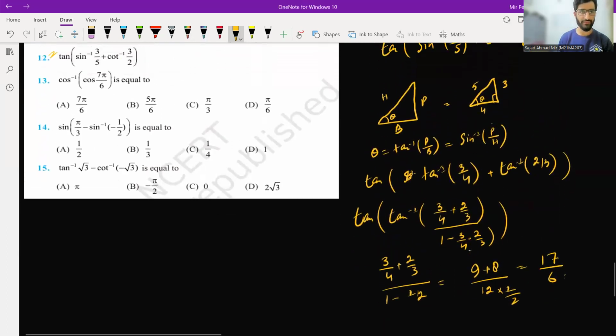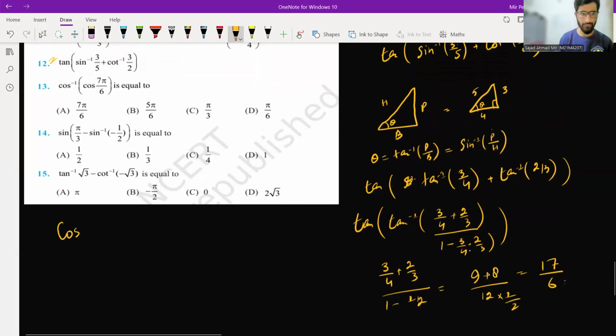So let's go to question number 13. Cos inverse of cos of 7 pi by 6. So here we have 7 pi by 6. So what will be the answer? We know that cos inverse takes values between 0 to pi, but 7 pi by 6 is greater than this, so we cannot directly cancel this.